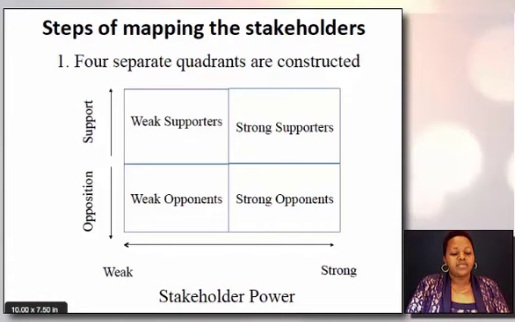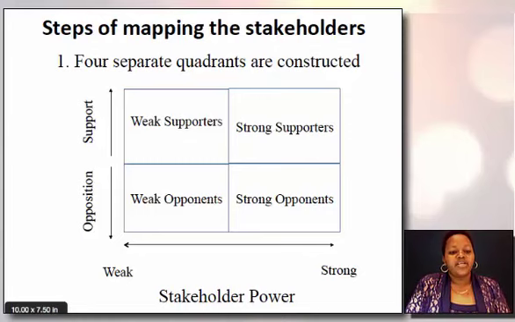That means among the stakeholders, there are those who will support our proposal, but the power they have is weak. They are not strong. On the opposite side, we have the strong supporters. This means the stakeholders who have a higher likelihood of supporting our proposal.